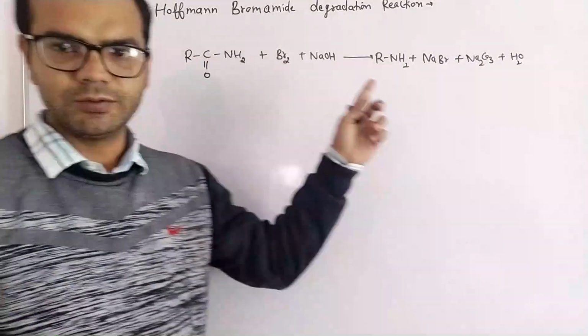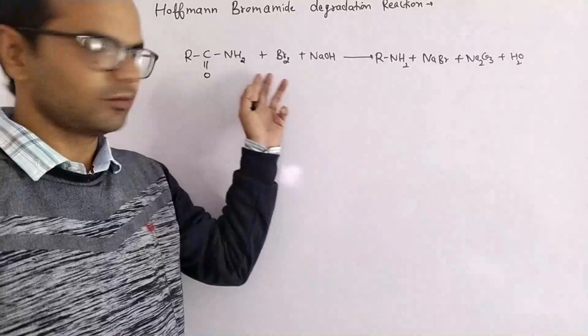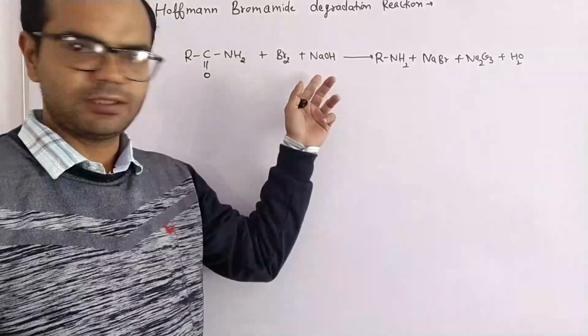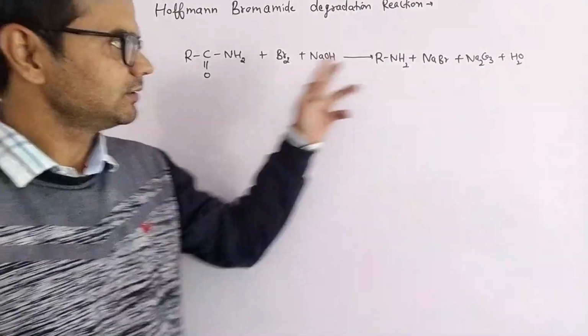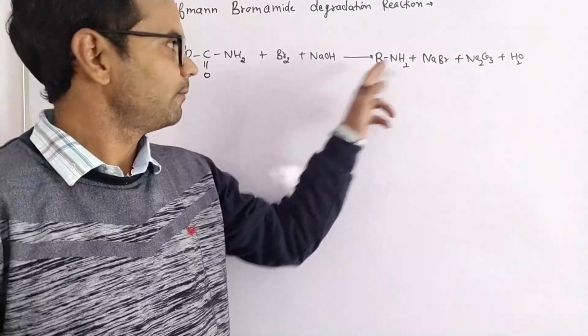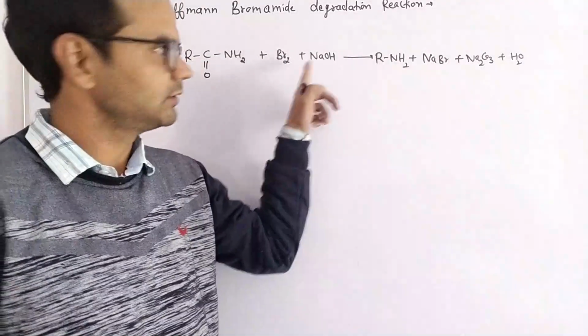Amides are converted into amines by the action of bromine with NaOH or KOH. As a result, RNH2 is formed. The byproduct is NaBr.